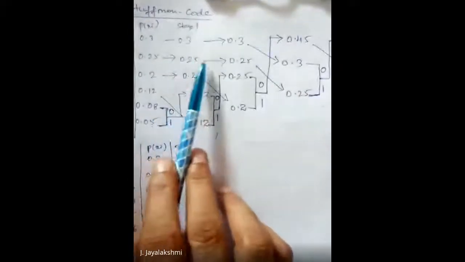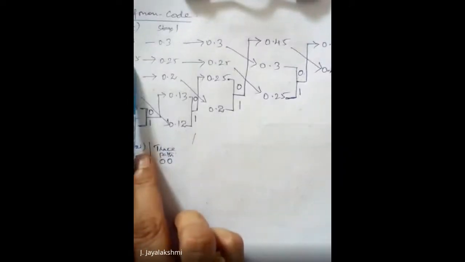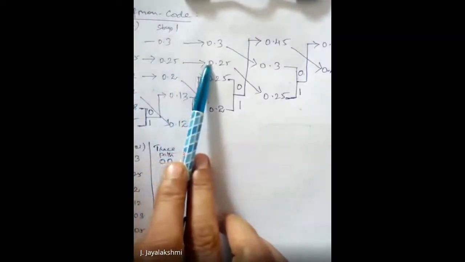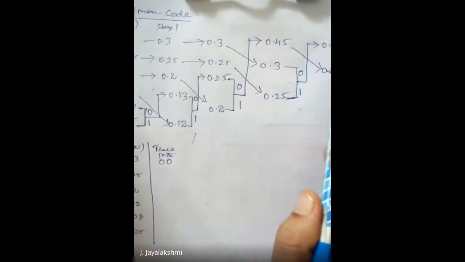We will see another path, then I hope you can understand how I am writing it. Second probability is 0.25. So here for 0.25, you trace the path, you go along the arrow. So it goes here. The first bit is 1. What is the second bit? 0.